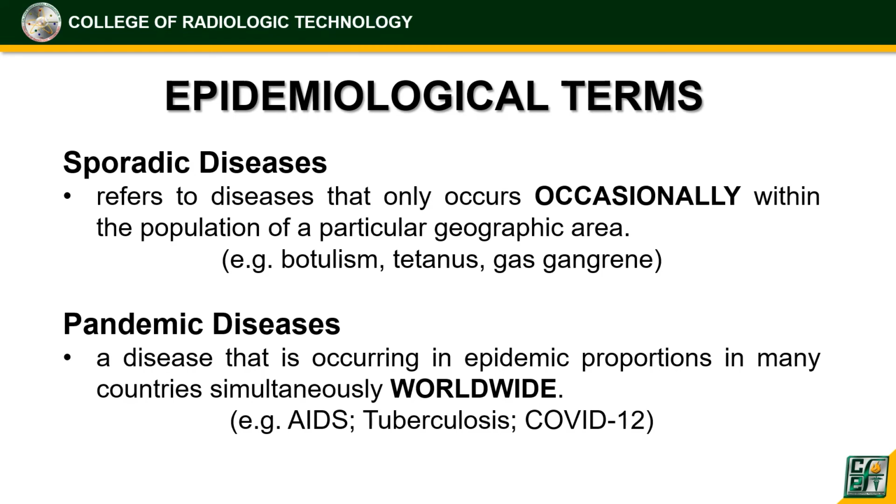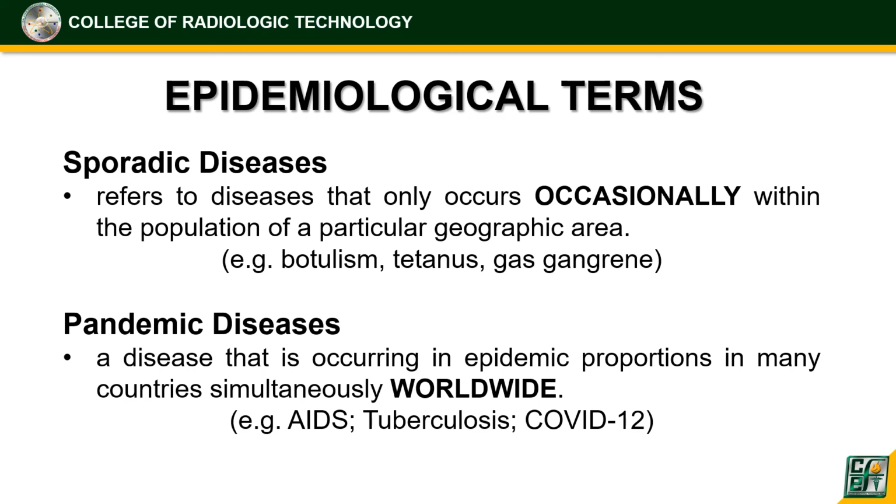The next term is sporadic diseases. These diseases occur only occasionally within the population of a particular geographic area. Examples are botulism, tetanus, and gas gangrene.